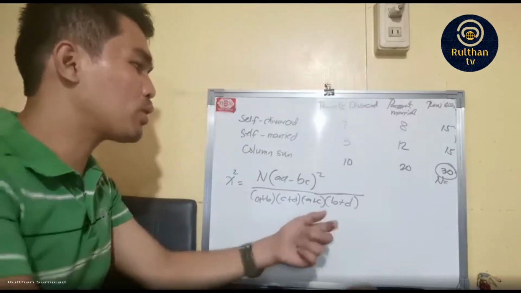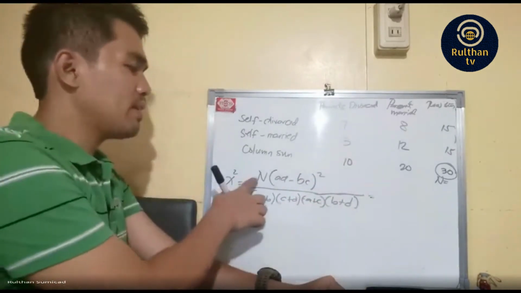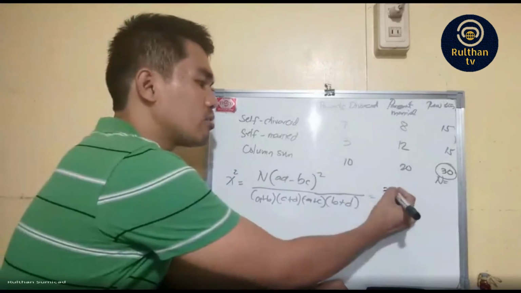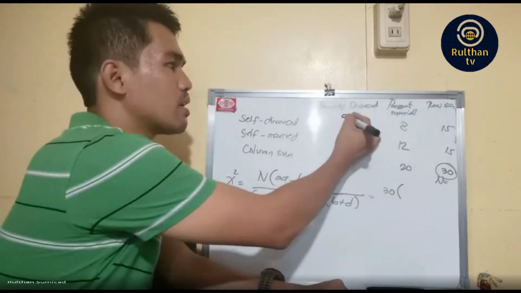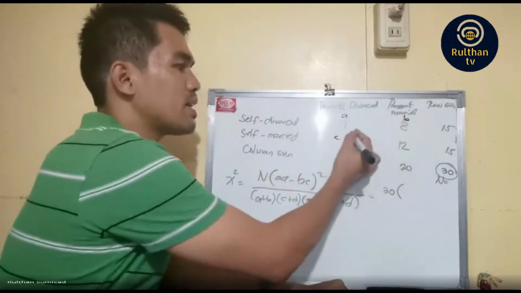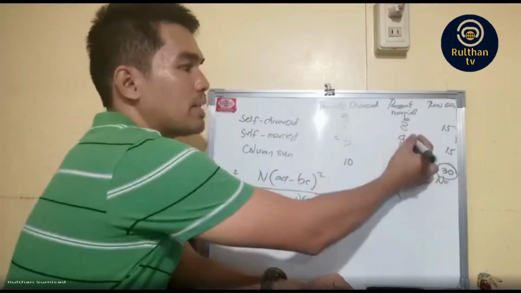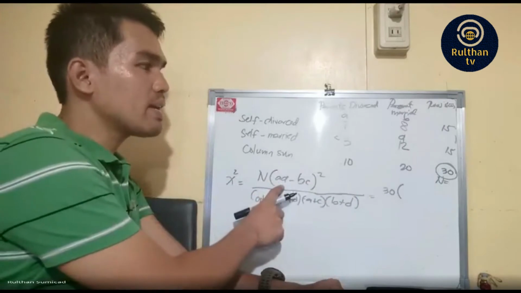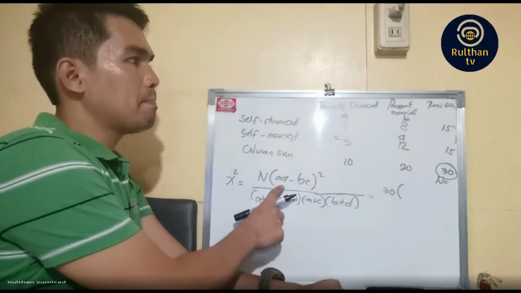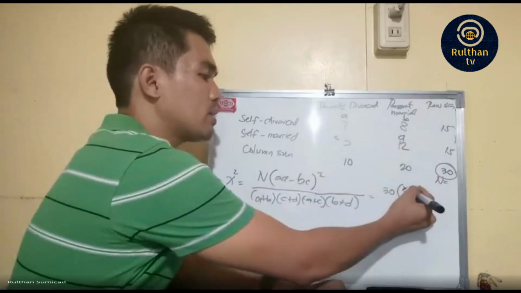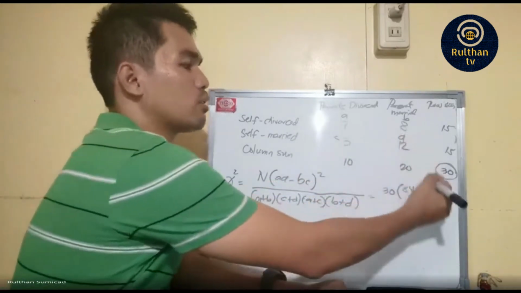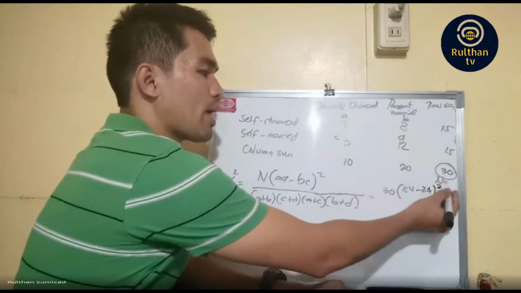Now, how do we compute? Our n is 30, and this is A, B, C, then D. So we have AD, meaning we multiply 7 times 12. We got 84 minus 24, and then square.